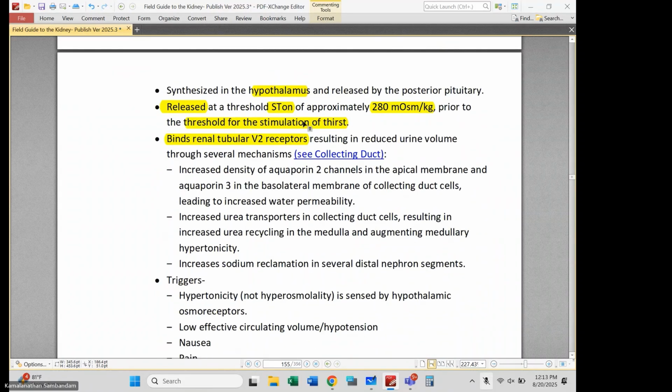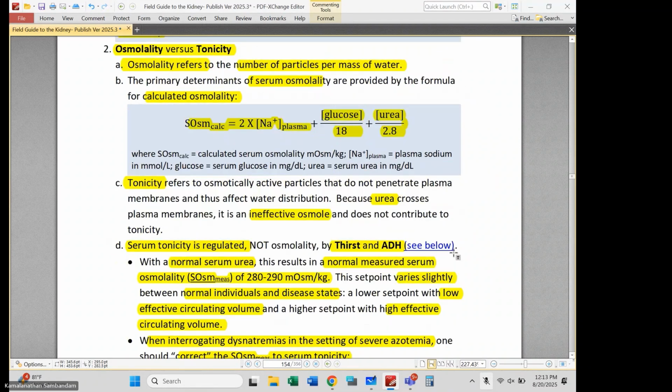How does the V2 receptor regulate water excretion by the kidney? It's not just one mechanism, there are several mechanisms, okay? The one that is usually center stage is that I'm going to dictate how much or how many aquaporin channels are inserted into the apical membrane of the collecting duct cells.